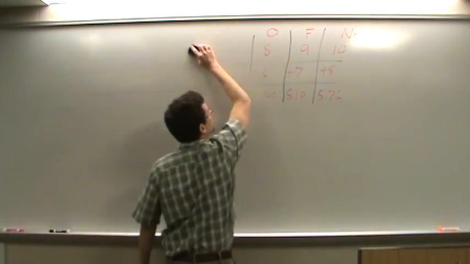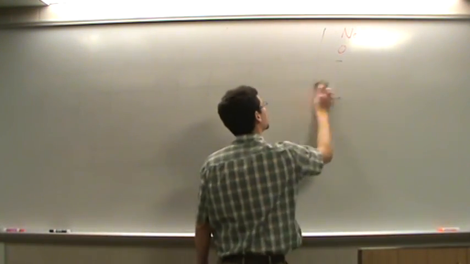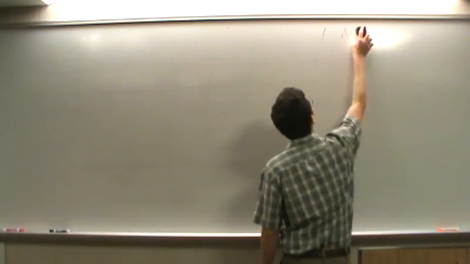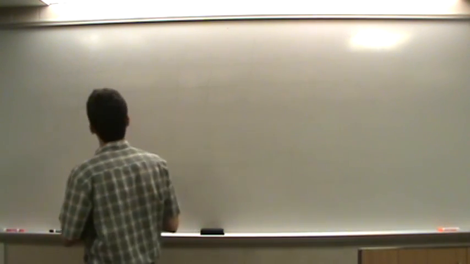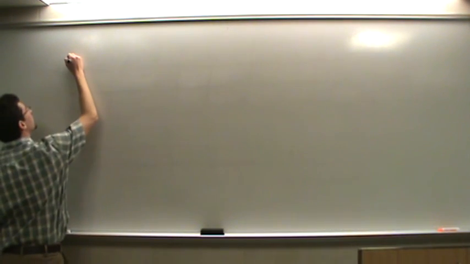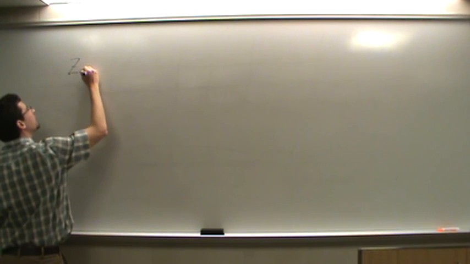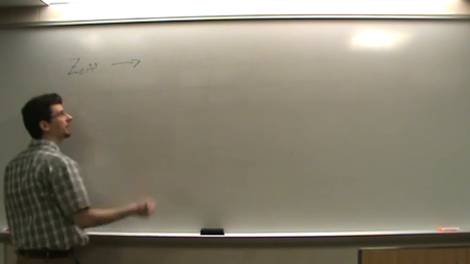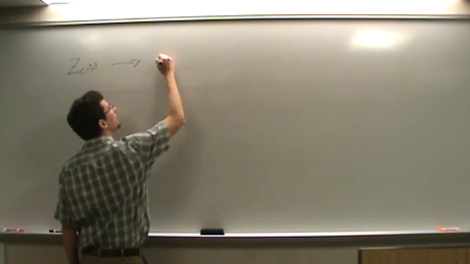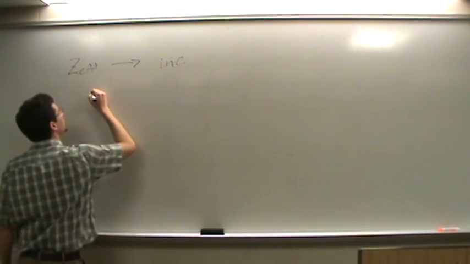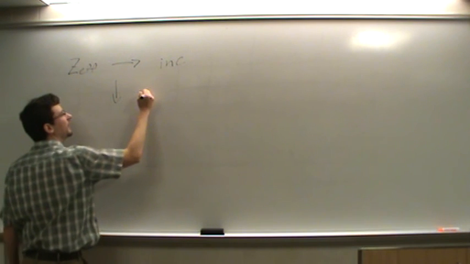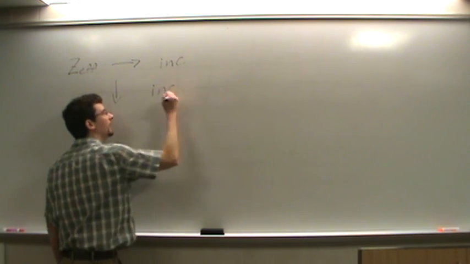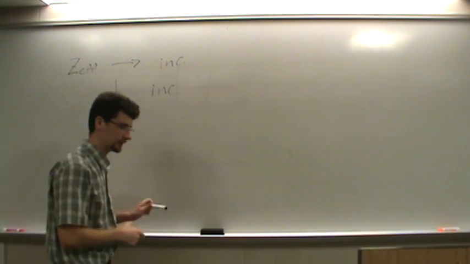As we go from left to right, our Z effective is also going to increase. So Z effective increases as we go this way on the periodic table, and as we go down the periodic table, it also increases.